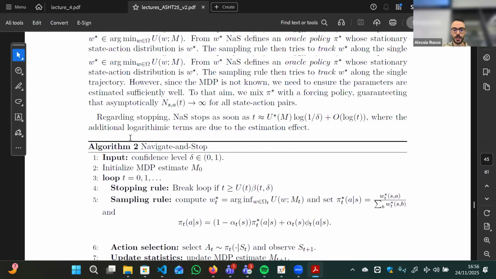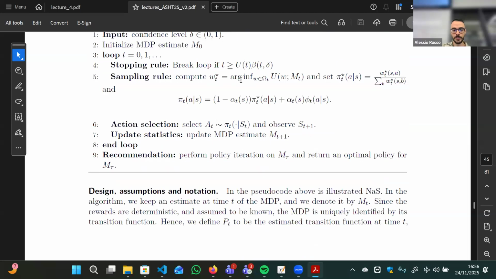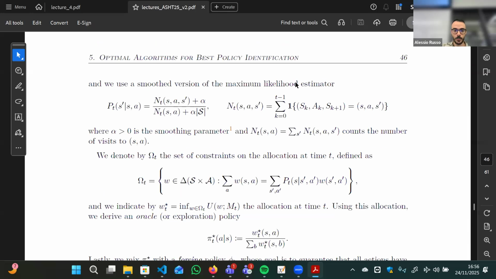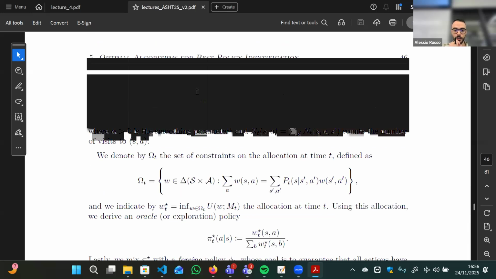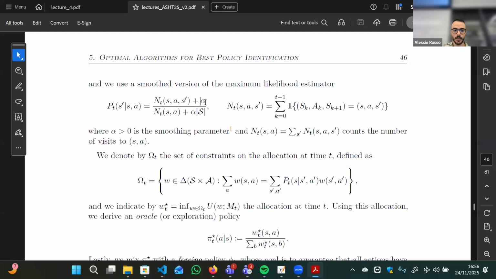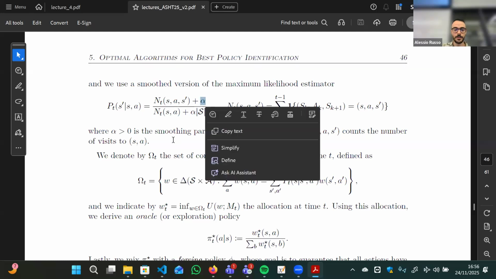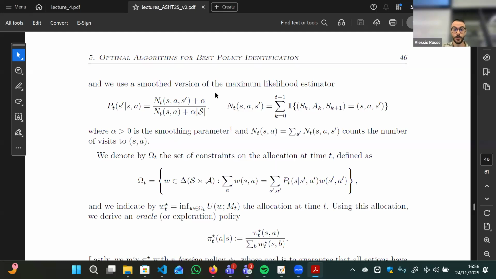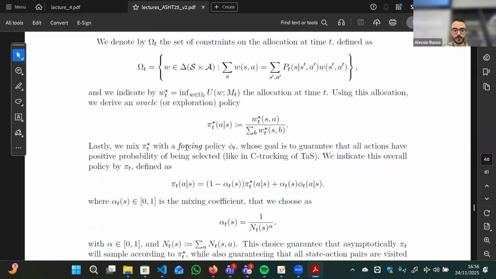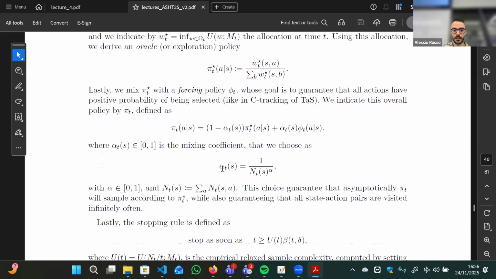In the sampling rule, we first compute WT star. This is based on the empirical MDP, which is defined in this way, according to this empirical transition. Here we have the additive smoothing alpha that I usually choose to be 1. And then we can choose alpha t, the mixing coefficient, to be 1 over NTS to the power of some coefficient.